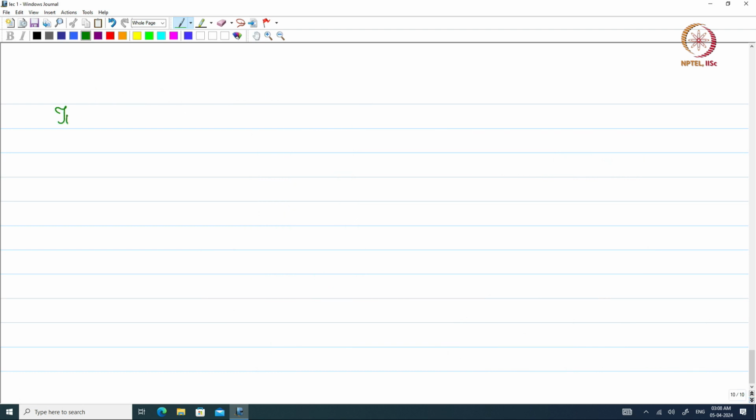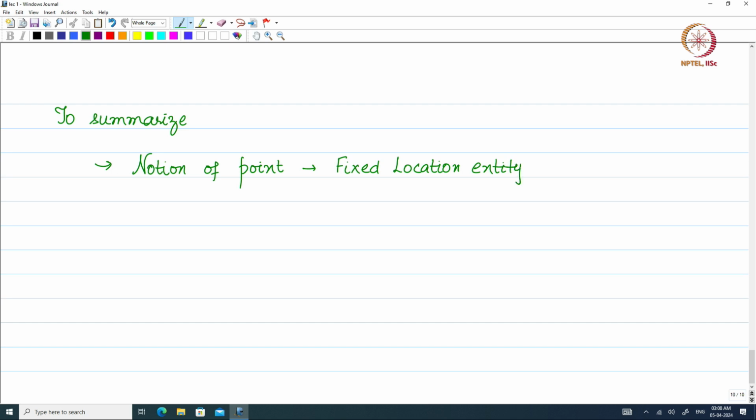So, to summarize what we have seen in this lecture, we understood the notion of a point and a vector, a point basically being the basic geometric entity. It has a fixed location, it is a fixed location entity. I mean fixed location here corresponds to the spatial location.